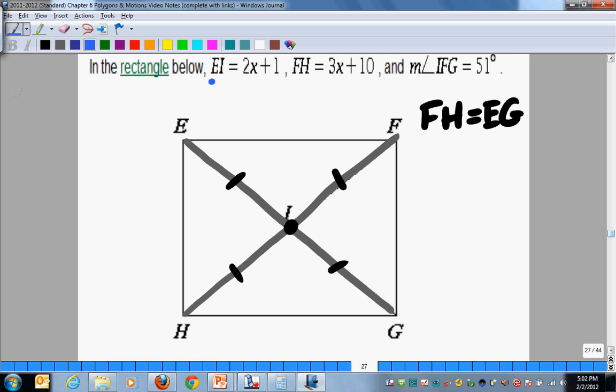Now let's see what our given information is. We are told that E to I is 2x plus 1. We're also told F all the way to H is going to be 3x plus 10.